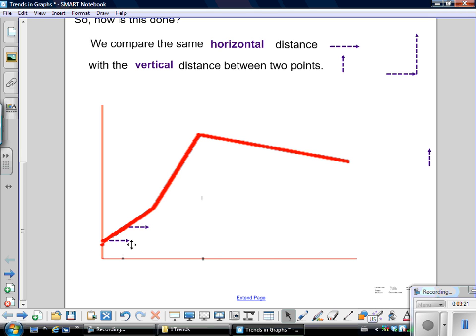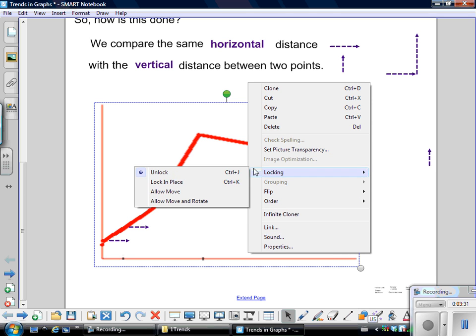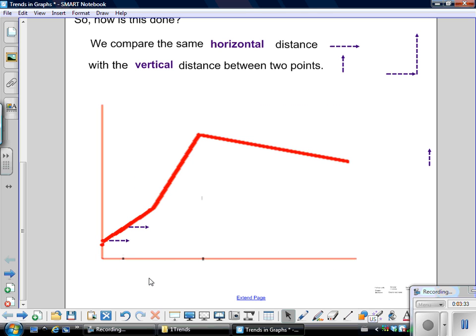Okay, so I'm going to compare the distance. Does it change from the vertical distance if I kept that horizontal the same? And just to be on the safe side, I'm going to also lock that in place so it can't go anywhere. So if I take this and do a little bit of calculations, it looks like this is just a little bit too long yet.